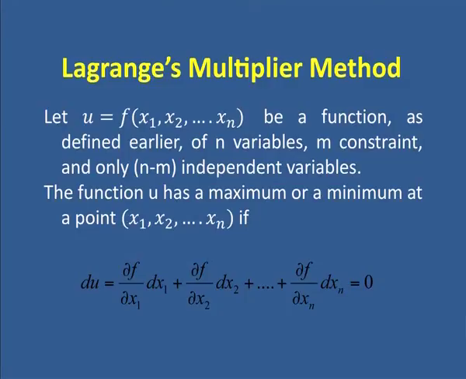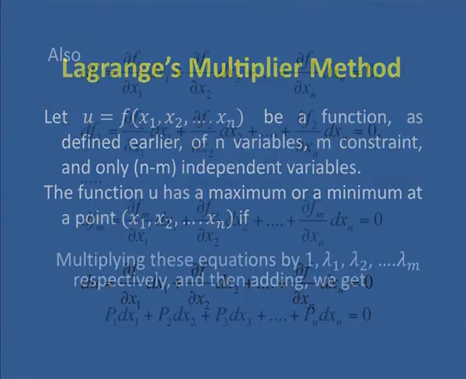The function u has maximum or minimum at the point x1 x2 and so on up to xn if the first order partial derivative du is equal to del f over del x1 dx1 plus del f over del x2 dx2 and so on up to del f over del xn dxn is equal to 0.